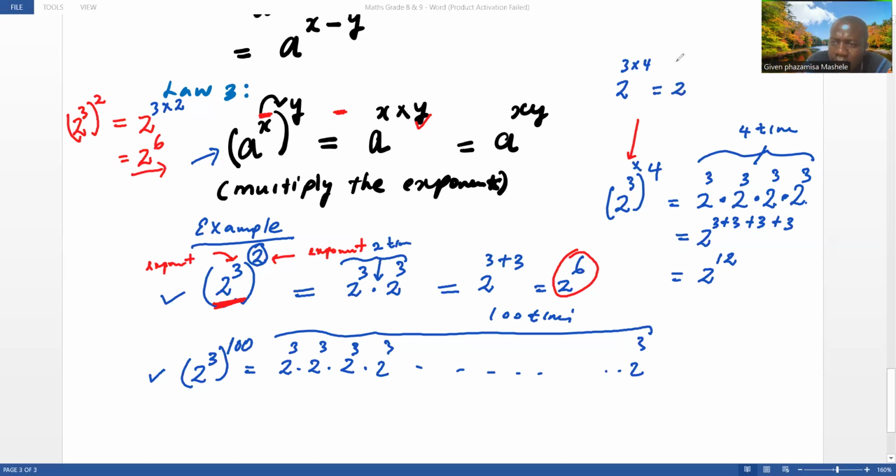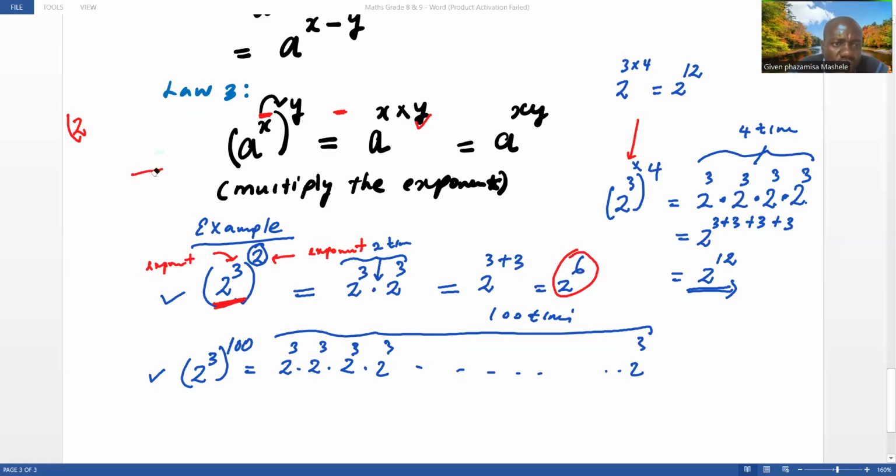And what is 3 multiplied by 4? It's giving us 12. You see, that is the same as this, rather than expanding one by one. So you need to know the laws of exponents. Remember, practice makes perfect.